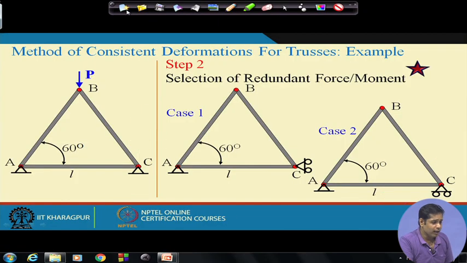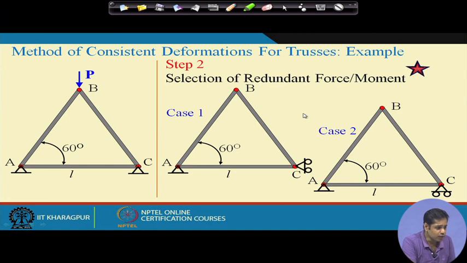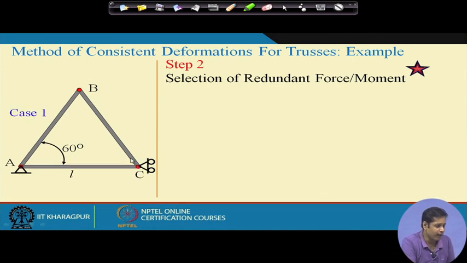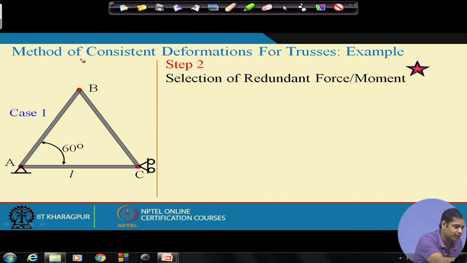Let us see why they are not. Now, first consider case 1. This is case 1 where this movement is allowed and this is restricted, and suppose we apply a load like this. Let us see how this structure may deform.